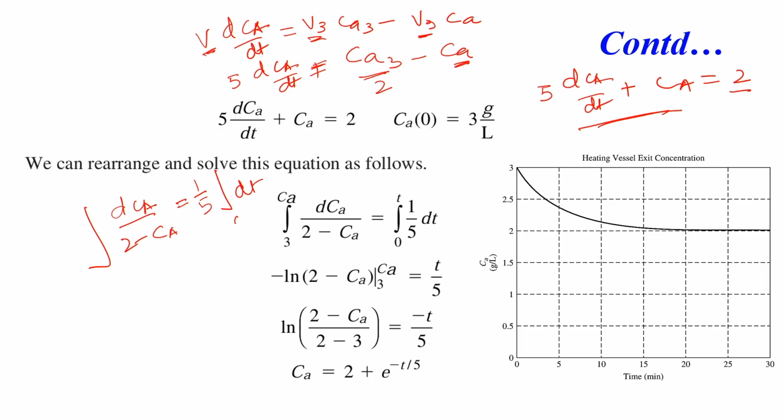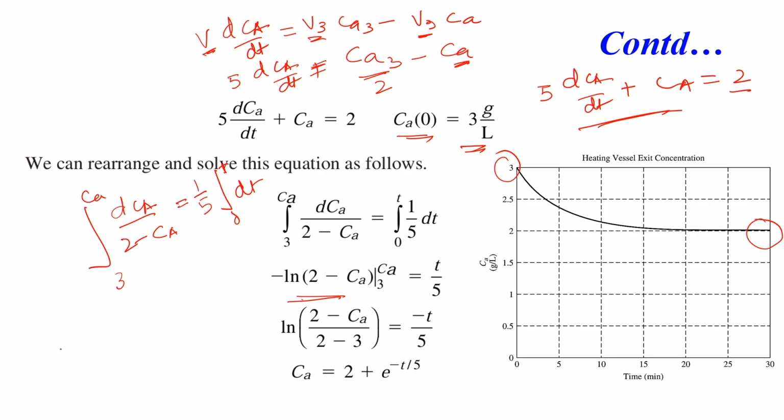Here, on one side the limits go from 3 to the value of Ca, and on the other from 0 to t. What is the initial value of Ca? Ca naught was 3 gram per liter. Now it is gradually decreasing from 3 to 2, and we will see which profile it follows. So, this is simply ln of 2 minus Ca if you apply the boundary condition here.